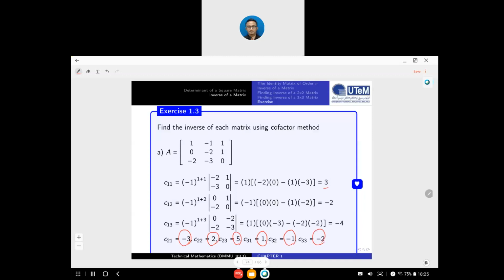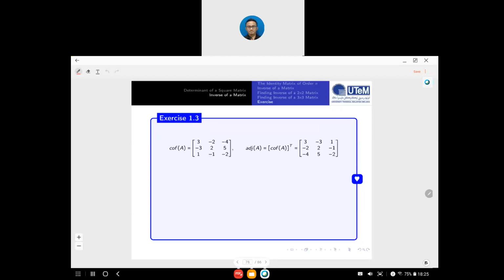Okay. And then this one is the cofactor matrix. After you put it in matrix form, to get the adjoint, you need to transpose this cofactor matrix. So you can get 3, negative 3, 1, negative 2, 2, negative 1, negative 4, 5, and negative 2.